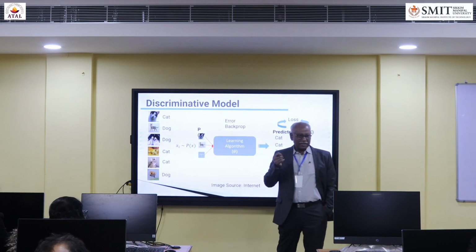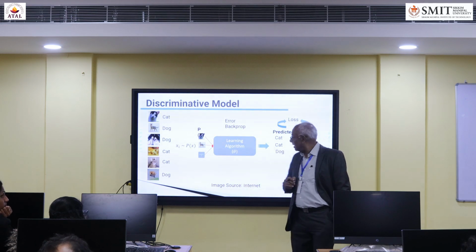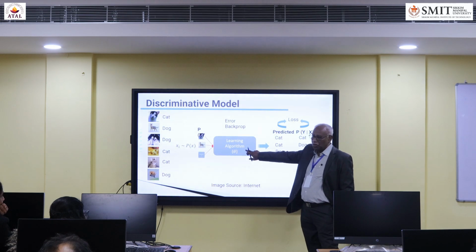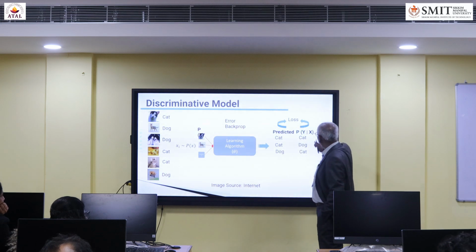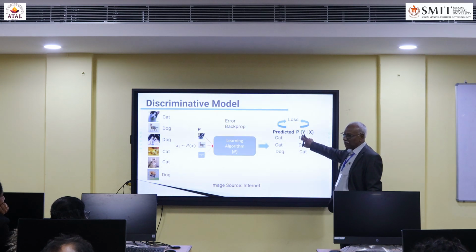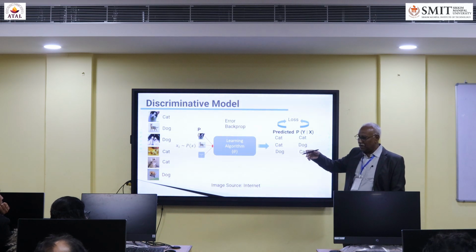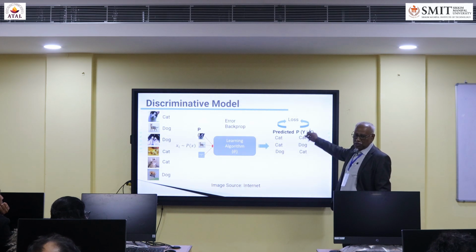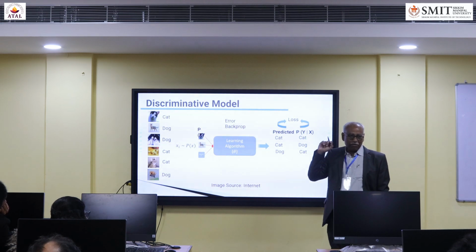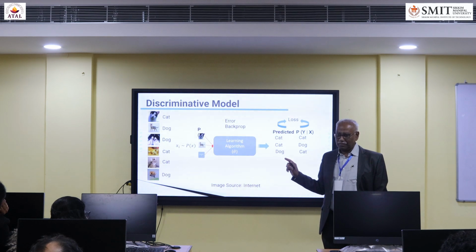You are taking a sample from a distribution Px, giving it to your classifier. What the classifier estimates is the probability of Y given X. Y is the class. That is my posterior. And for whichever class the posterior probability is maximum, you are classifying your input sample X to that particular class.